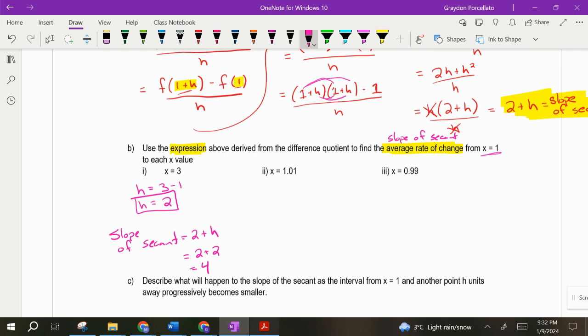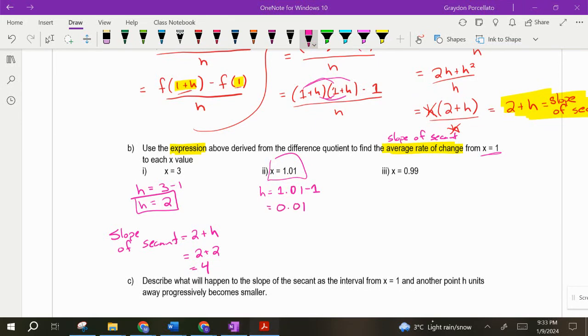For the next one, it says that x is 1.01. So how far away is that from 1? Well, that's going to be our h. 1.01 minus 1 is equal to 0.01.